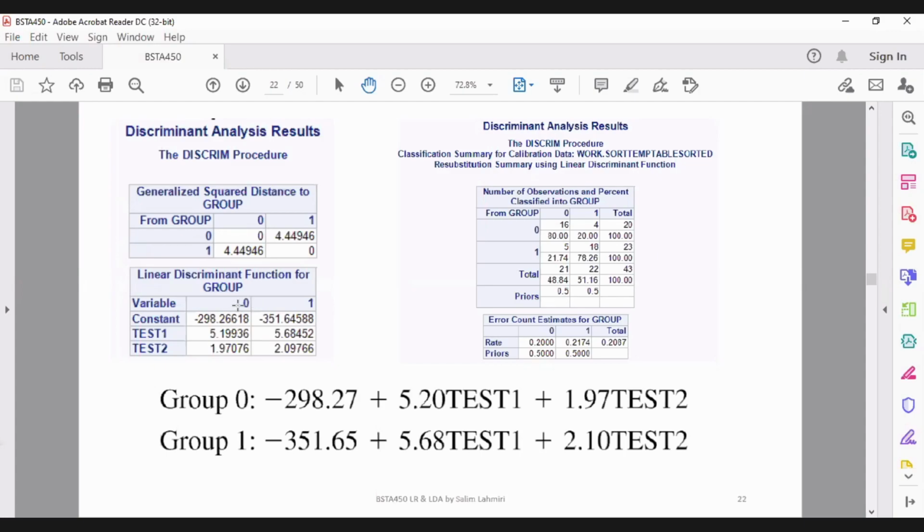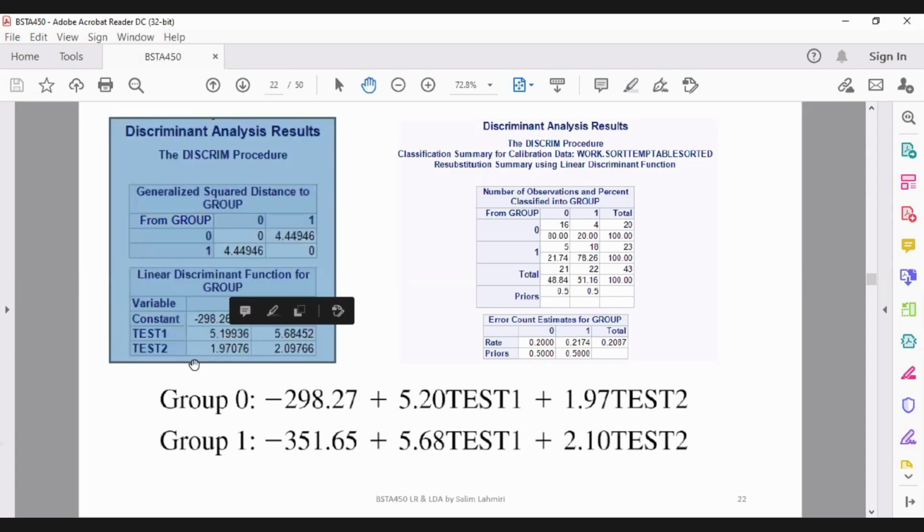For group 0, when y is equal to 0, the coefficient beta 0 is minus 2898, beta 1 multiplied by test 1 is equal to 5.1, and beta 2 is 1.97. Okay?